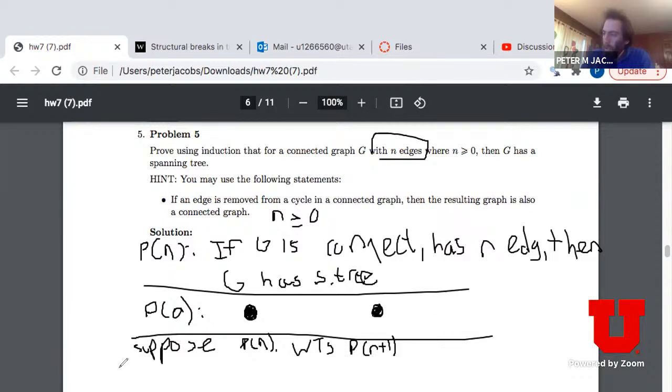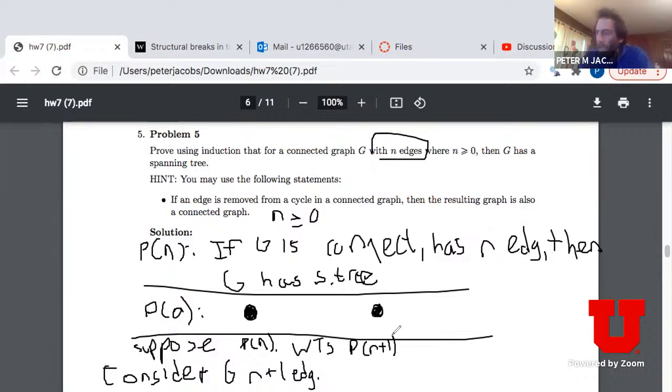So we're going to consider a graph G with n plus 1 edges. All right. And we want to show that G has a spanning tree. That is our goal.